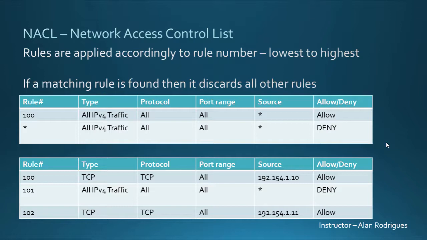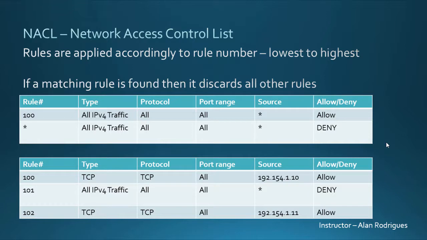So this IP will be allowed to communicate with our subnet on the TCP protocol on all port ranges. Next, we have a deny rule. The deny rule is 101. Remember, the rules are looked at from the lowest to the highest.